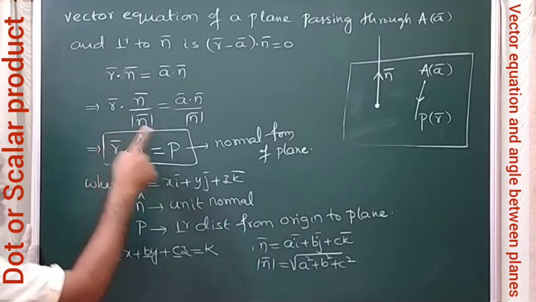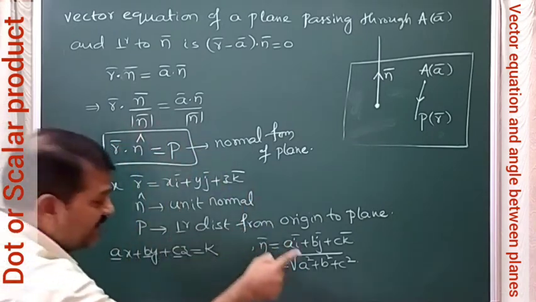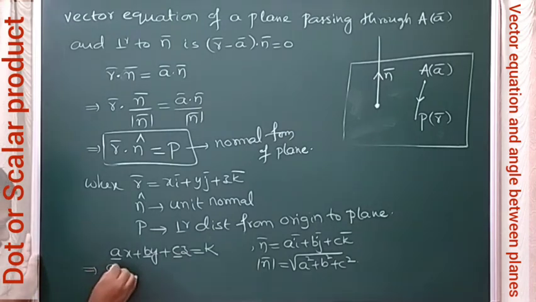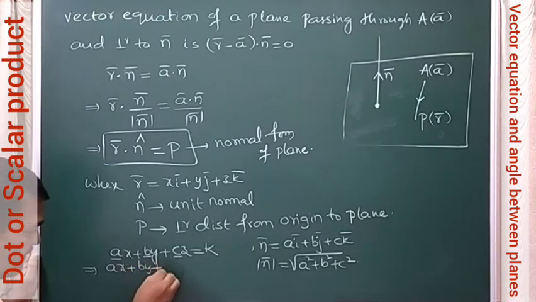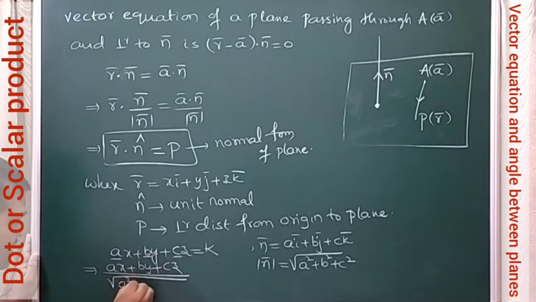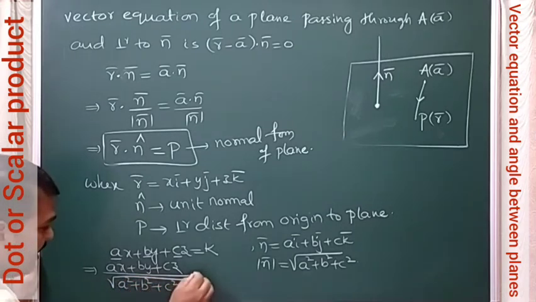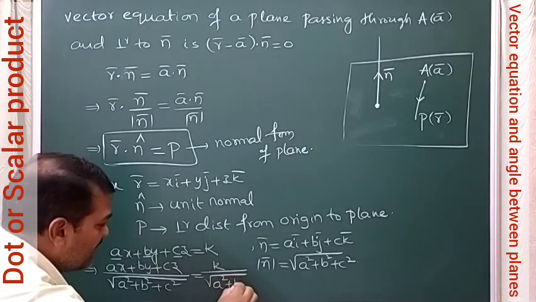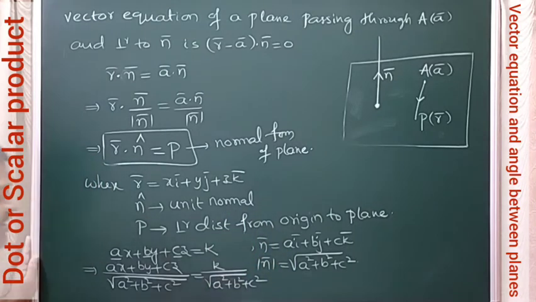That means ax plus by plus cz by under root a square plus b square plus c square is equal to k by under root a square plus b square plus c square. This becomes the normal form in the Cartesian form.